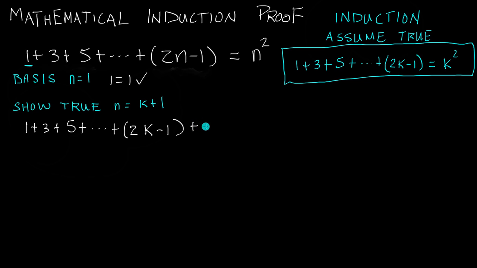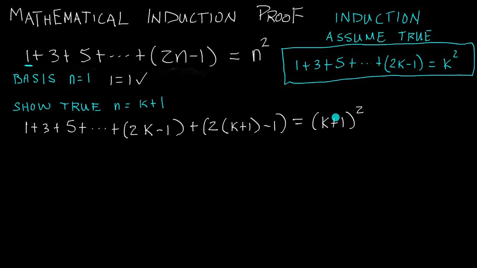We do that by saying plus 2 times, and then instead of k, we put k plus 1 where n is, so k plus 1, and then minus 1. And then we're saying that that's equal to the right-hand side, which is n squared, but in our case, k plus 1 squared.